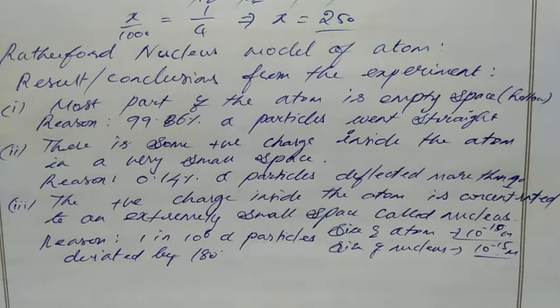So only one alpha particle deviated by 180 degree, which means a small space called nucleus. So this alpha particle directly hit on the nucleus. Because of that repulsion force, alpha particle reflected back.